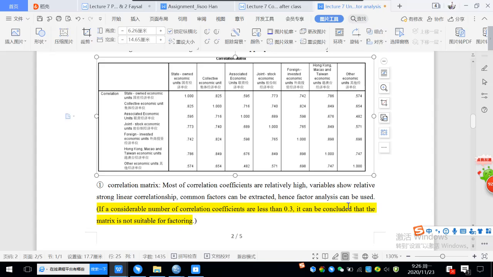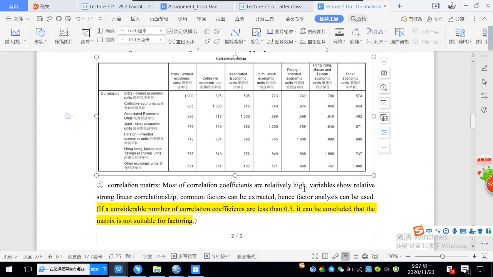Factor analysis can be used. So from the correlation matrix, you can answer that factor analysis can be used because there is relatively strong linear correlation among these variables.